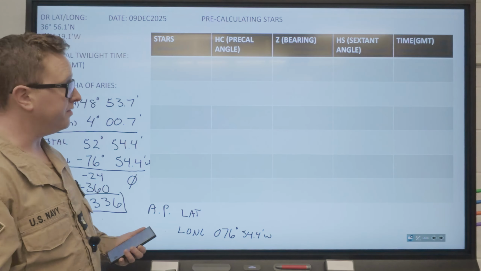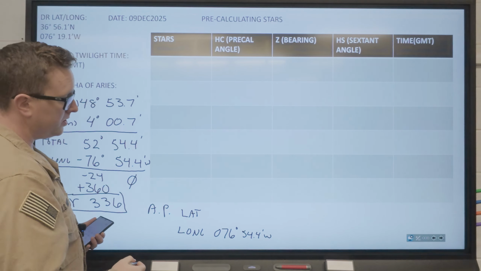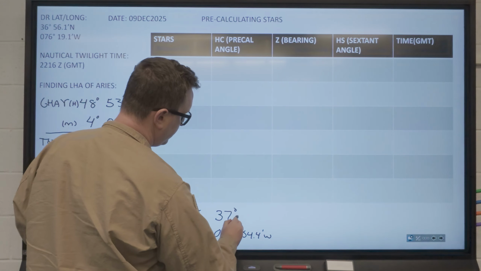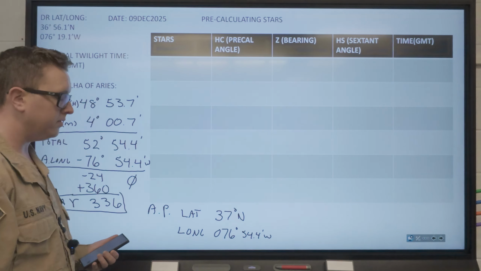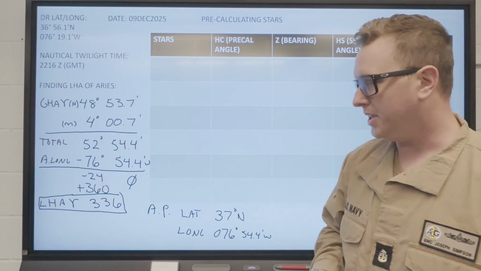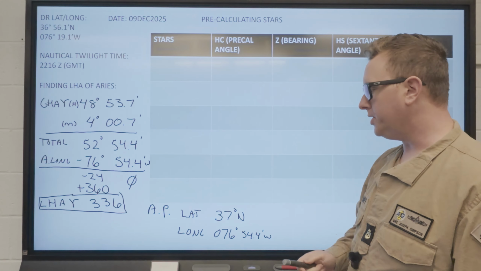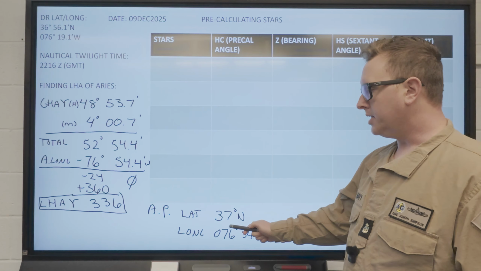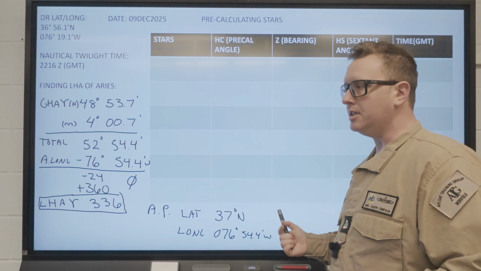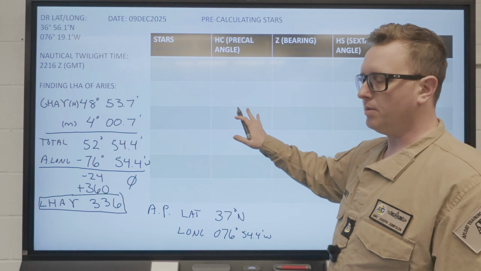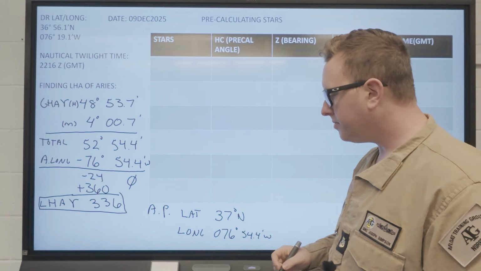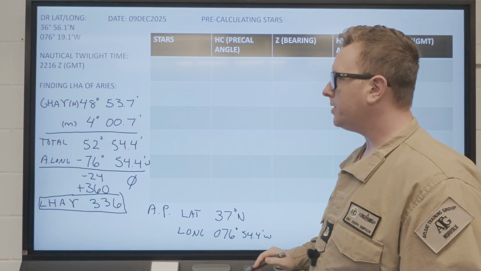I'm going to use 37 for it. Makes things a little bit easier, especially when you're going into the publication. Like I said, the assumed position comes into play more when you're going to plot these, especially when we do the strip form to get the star lines. So we'll leave that there.